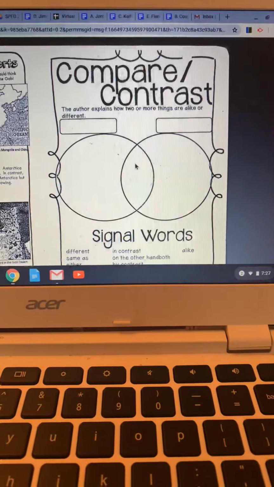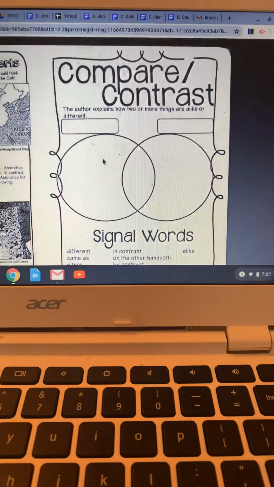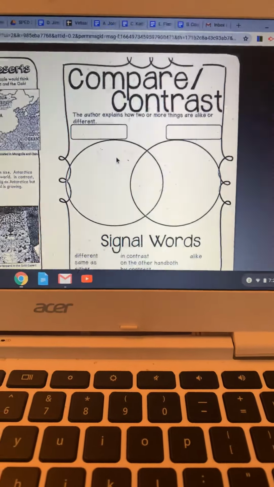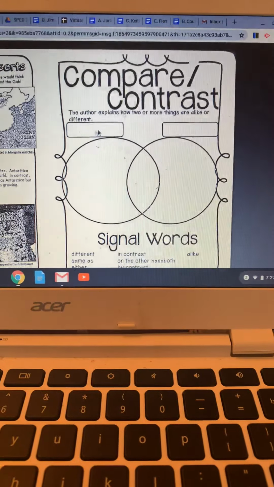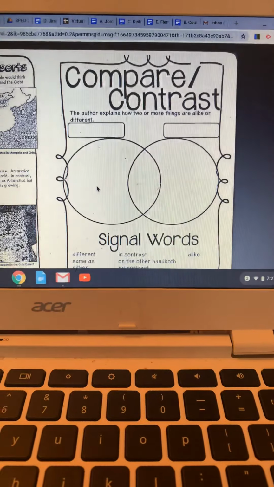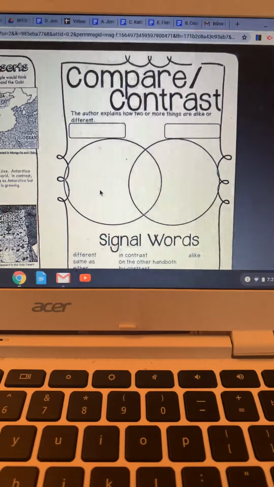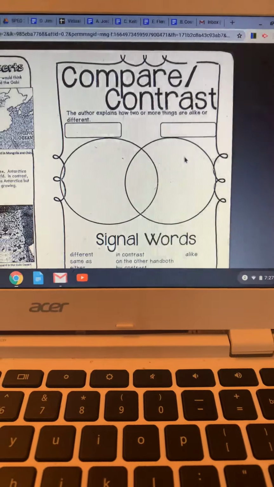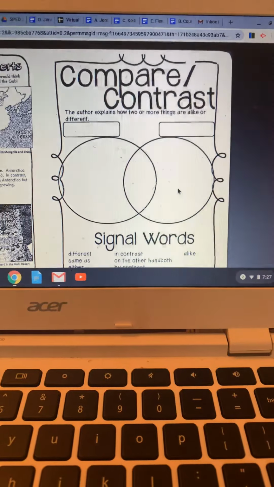Two things that are alike between the Gobi Desert and Antarctica. And then over here, if you put Gobi right here, I would just do 3 things that are just for the Gobi Desert, things that you only find there. And then over here on Antarctica, you're going to put 3 things that just have to do with Antarctica in this circle, okay?